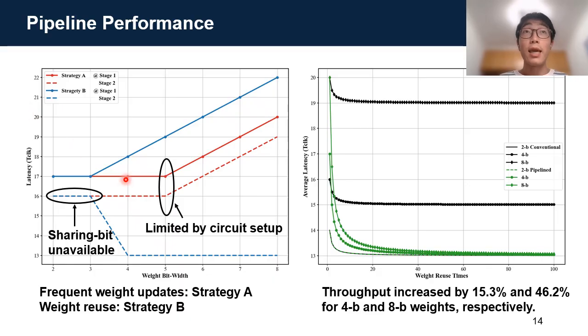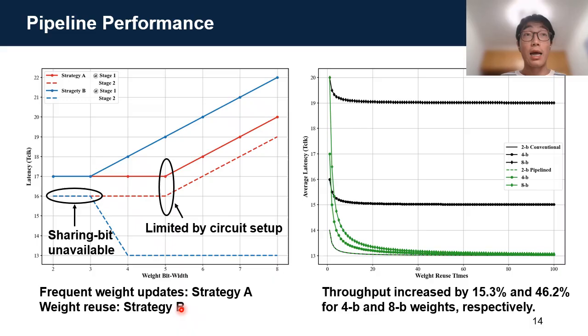Strategy A is the red line, and strategy B is the blue line. You can see at stage 1, which is the solid line, strategy A is better. But for stage 2 or stage 3 or more, strategy B is better, and it converts to 13 clock periods.